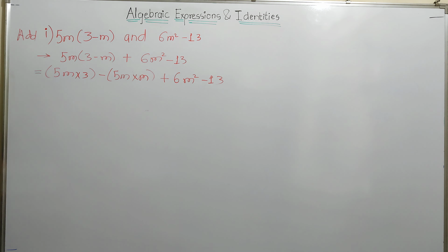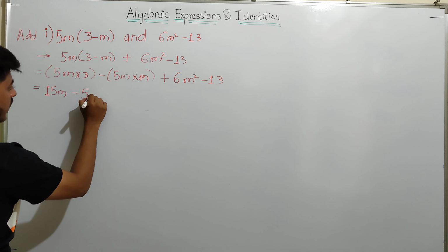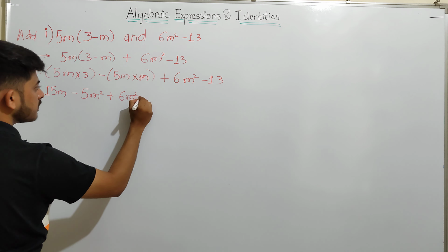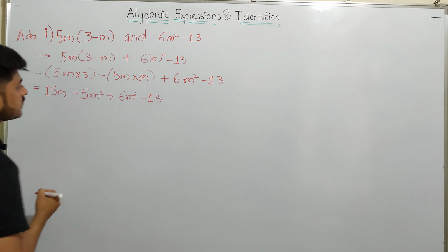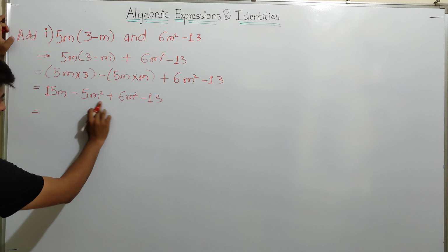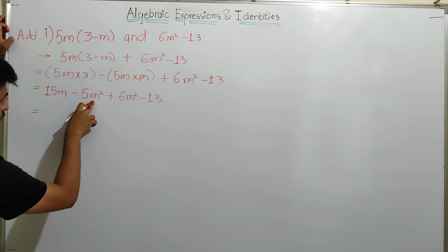Now the next step: 5m into 3 is 15m, minus 5m into m is 5m square, plus 6m square minus 13. Now see what index we have over here.